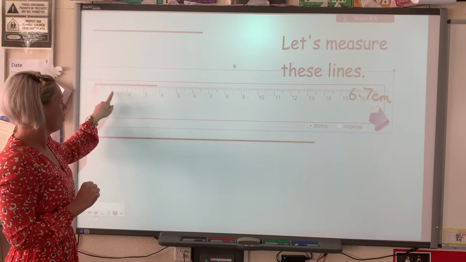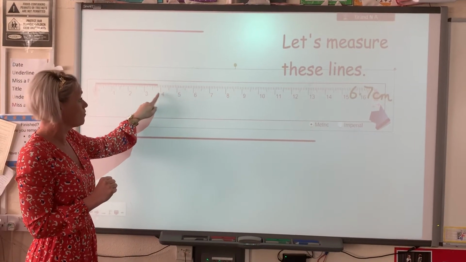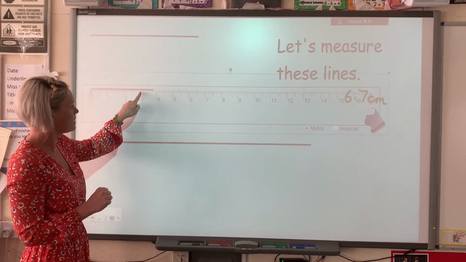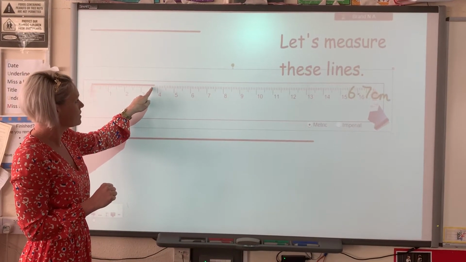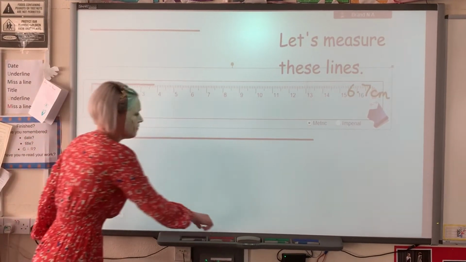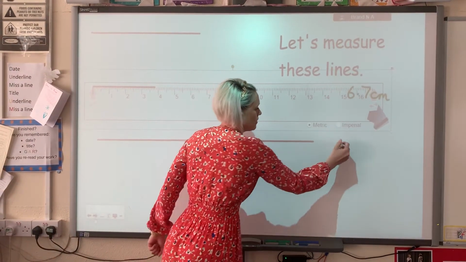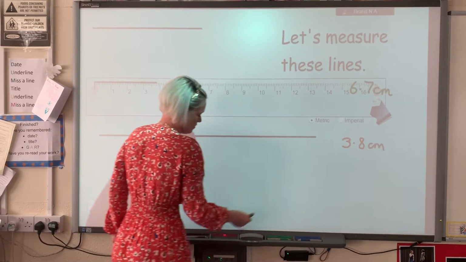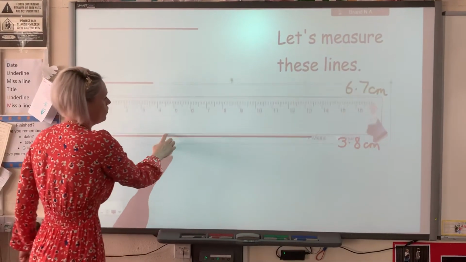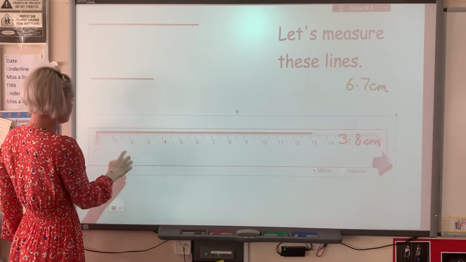So, going along, not quite at 4, so it must be 3 point something. I'll count the ticks. 1, 2, 3, 4, 5, 6, 7, 8. So for this one, I would write 3.8 centimetres.